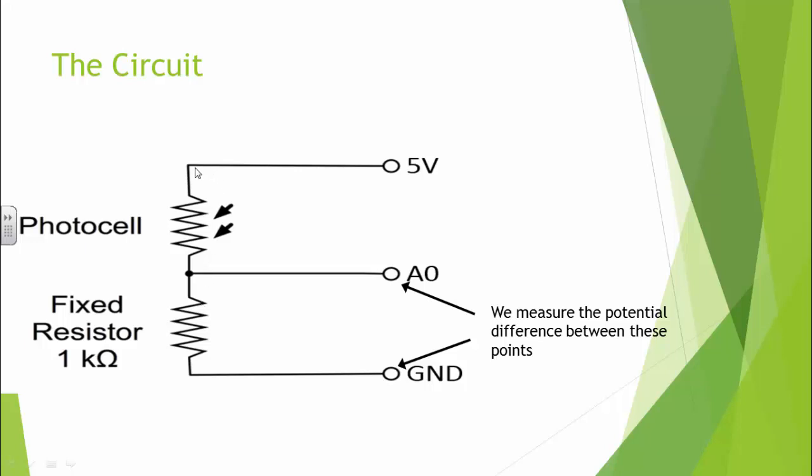Most of the energy from the electrons is going to be sapped by going through this high resistor here. So once we reach this point, it's at a very low energy point and our voltage will be very low. So high resistance here, we measure a low potential at A0. Low resistance here, we see something close to 5 volts.